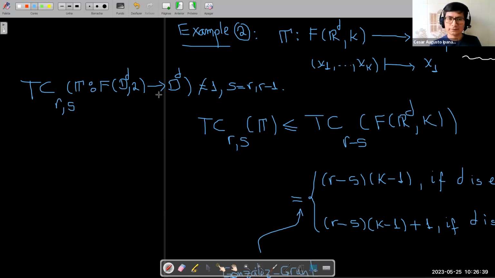Okay, because the closed disk has the fixed point property, and that implies that this fibration does not admit a section. And for that reason, in this situation, it changes for the closed ball and for the open ball.